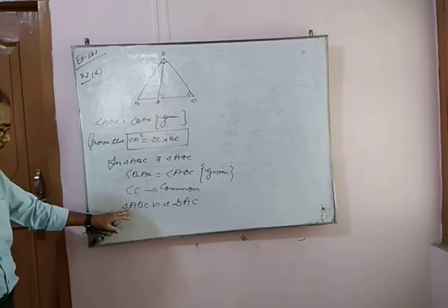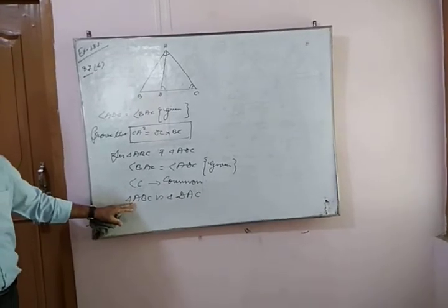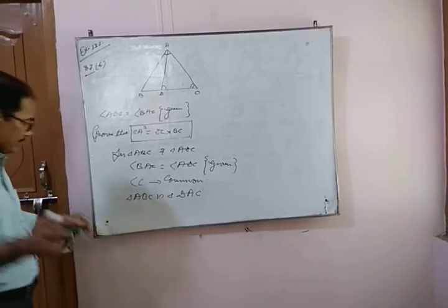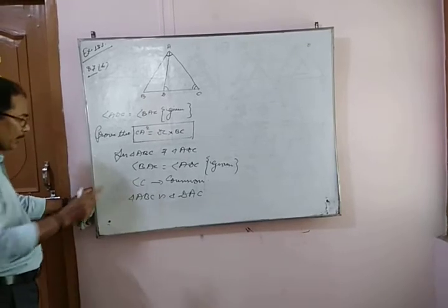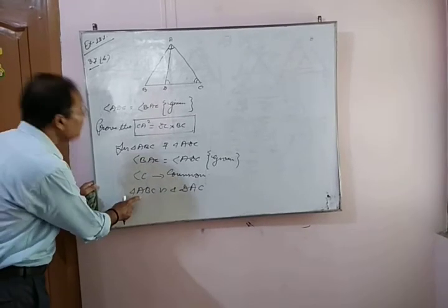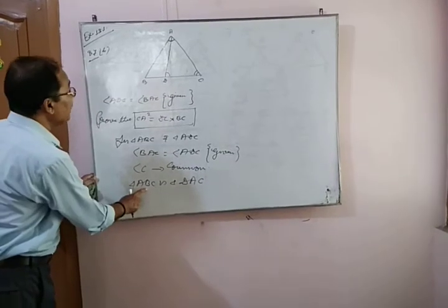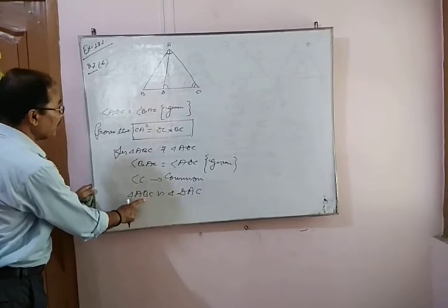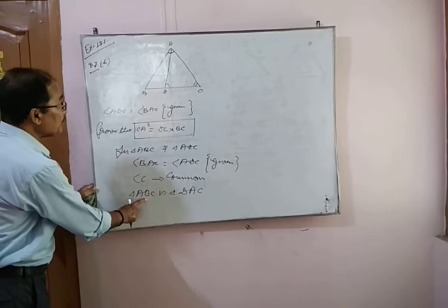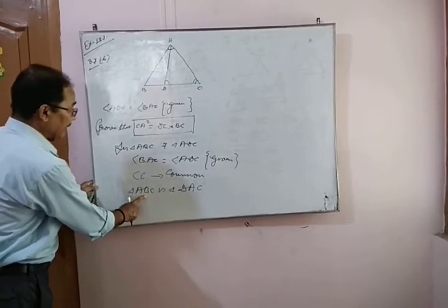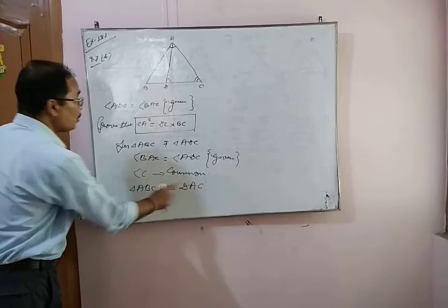So you see the diagram, according to their correct corresponding vertices, angle A is equal to angle D, given. Angle B, that is the third angle, is equal to angle A, and C is common.